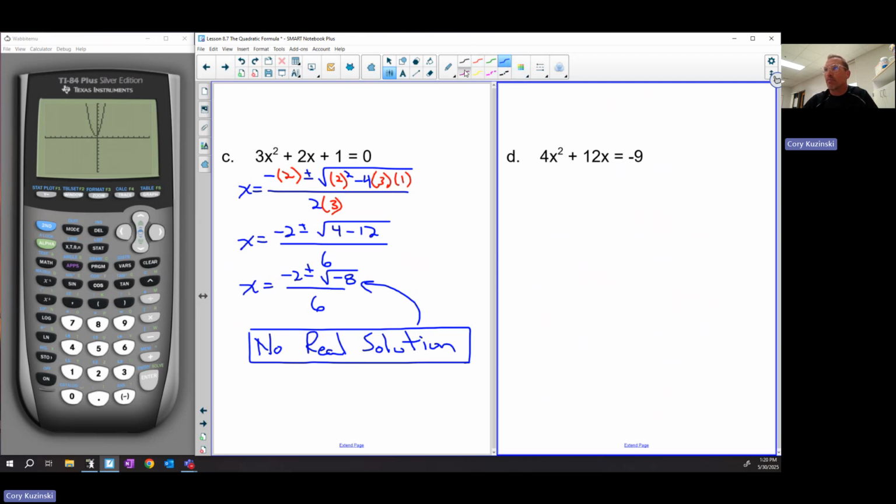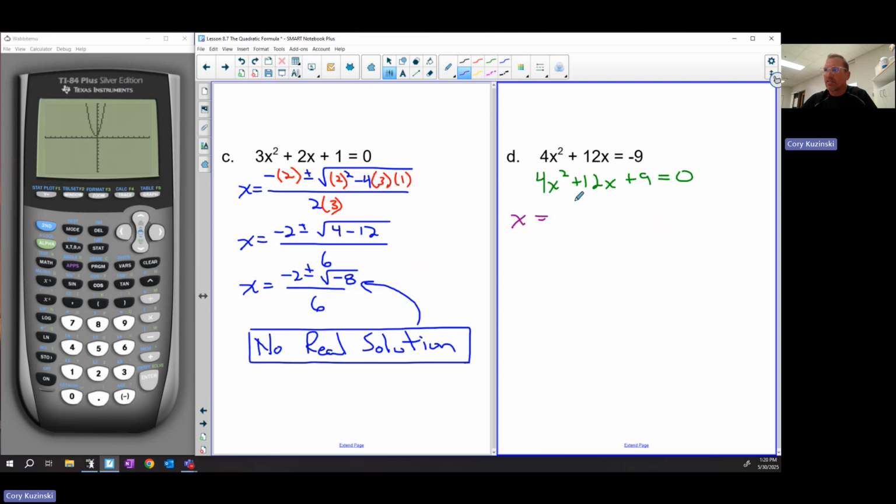I got to write this bad boy into standard form first. So let's go 4x squared plus 12x plus 9 equals 0. Then we'll use the quadratic formula. So x is -b.